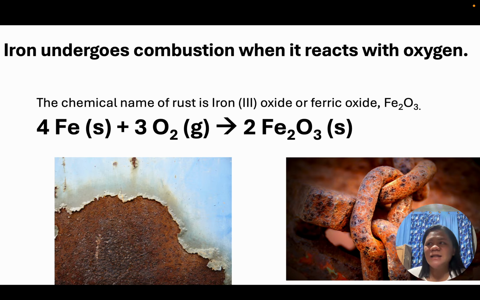Sa naming sana ito ng ionic compounds, but hindi natin na-emphasize. So 4 molecules of iron plus 3 molecules of oxygen will result to ferric oxide, which is our rust. So again, emphasizing lang na if we have oxygen, it will always be an indication of a combustion reaction.